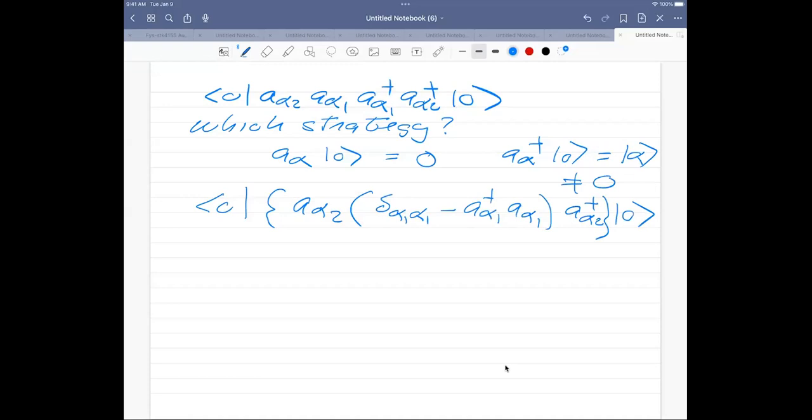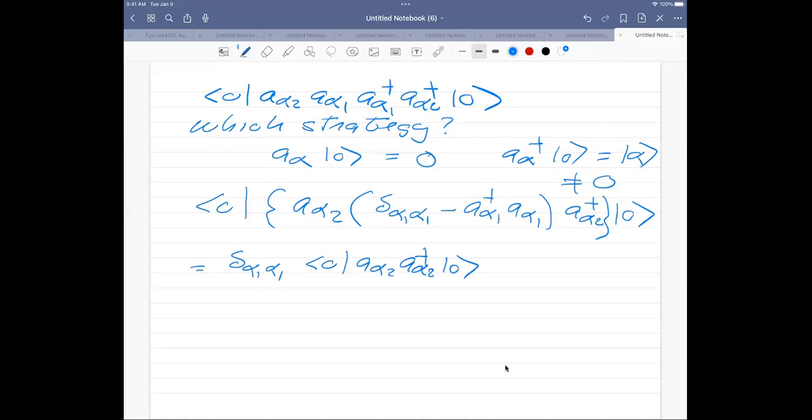So then we know that if we look at the first term, it is simply going to give us a delta alpha 1, which is okay. That's different from 0, that's 1. And then I have an expectation value now of A alpha 2 of A alpha 2 dagger acting on 0.